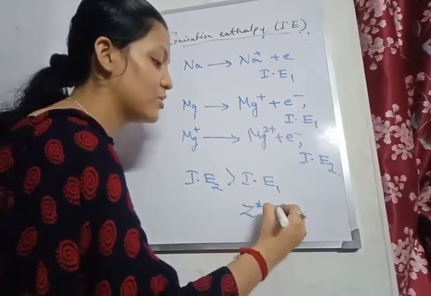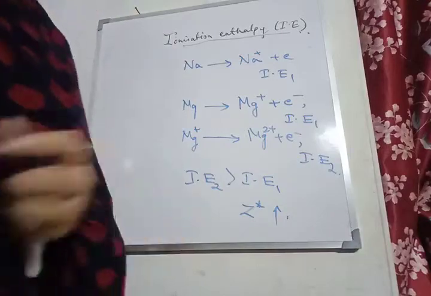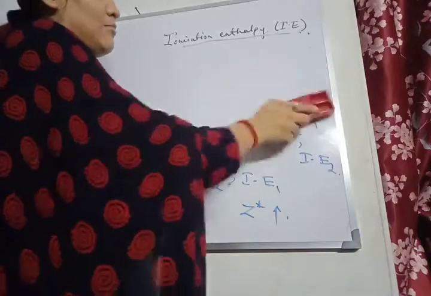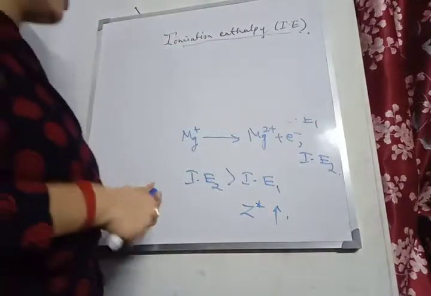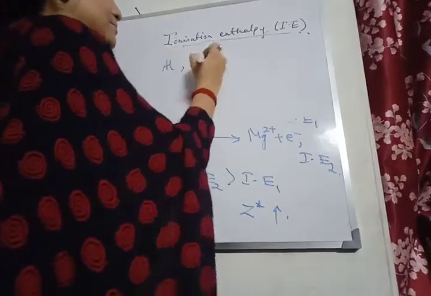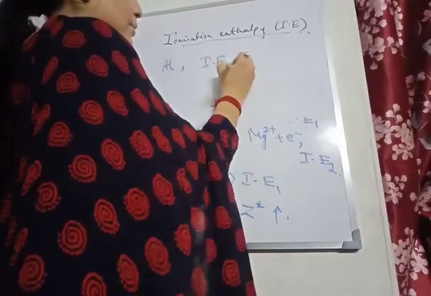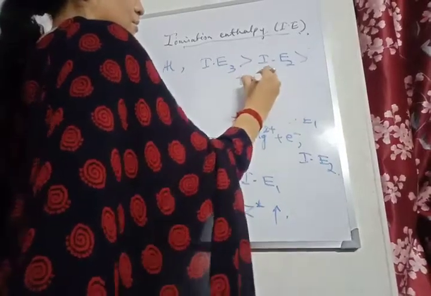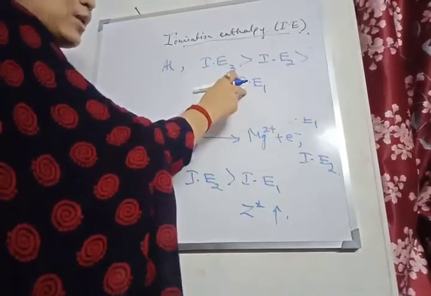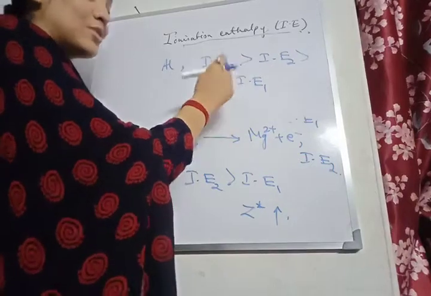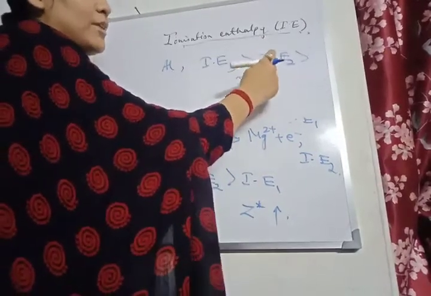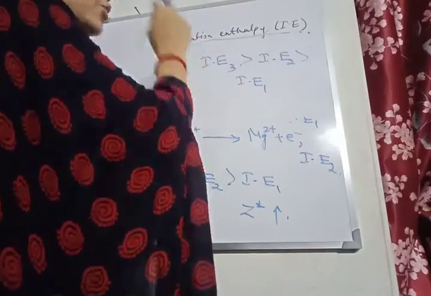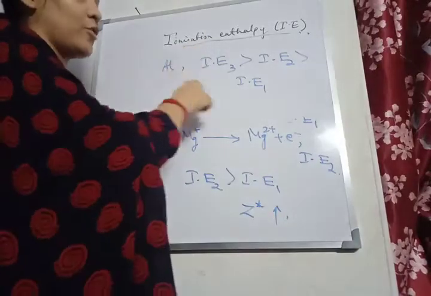Same goes for aluminium, which has 3 valence electrons, so 3 IE values. The order is IE3 greater than IE2 greater than IE1. IE1 involves removal of an electron from the neutral atom, IE2 from Al+, and IE3 from Al2+. So this is the order of the successive potentials.